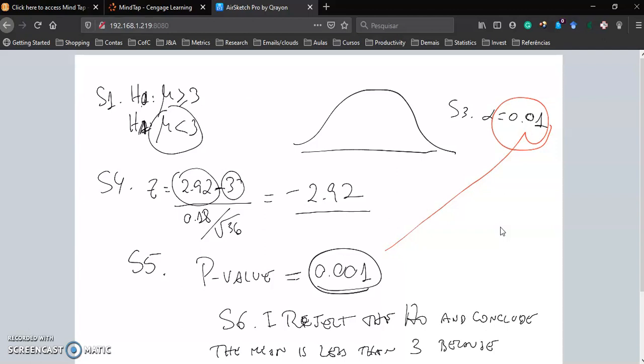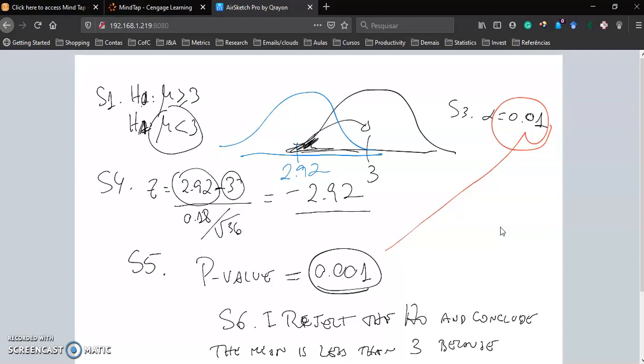Okay, so the claim is the distribution of cans has a mean of 3. If I have 2.92 and this 2.92 is too small for this distribution here, it's very unlikely that it comes from this distribution.